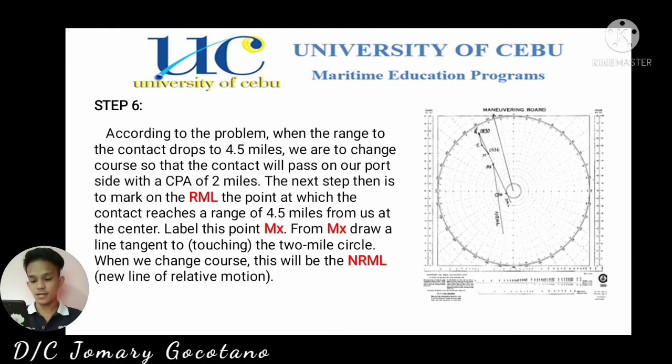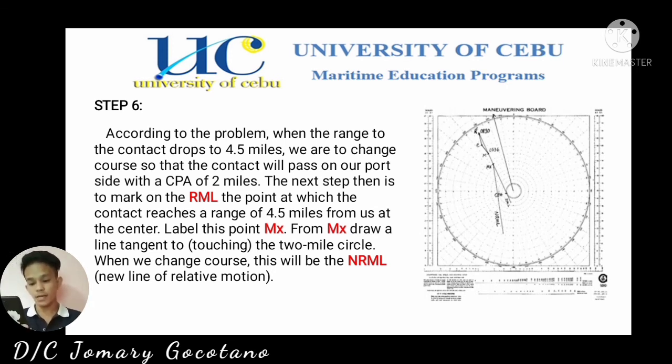Step 6. According to the problem, when the range to the contact drops to 4.5 miles, we are to change course so that the contact will pass on our port side with a CPA of 2 miles. The next step is to mark on the RML, or the relative motion line, the point at which the contact reaches a range of 4.5 miles from us at the center.